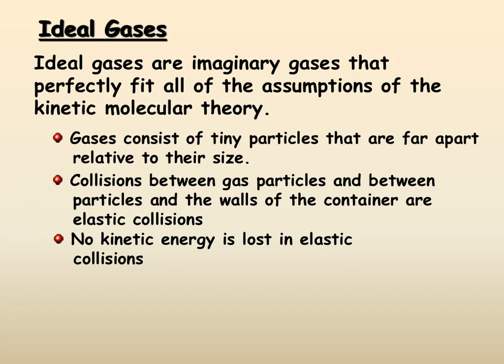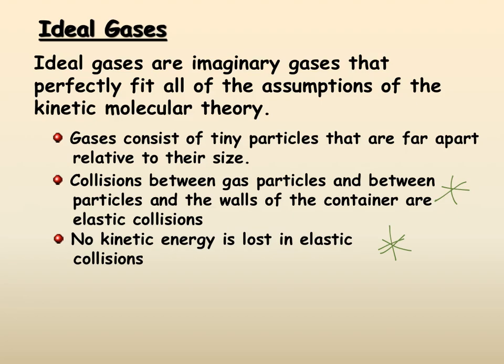So you've already written this down, but just to reiterate, ideal gases are gases that technically do not exist. While gases can fit some of these rules, there are others that they never truly can, though we can change conditions to try to make them as close to ideal as possible. Some of the hardest things for real gases to actually obtain: they are tiny, so it's easy for them to be far apart relative to their size.